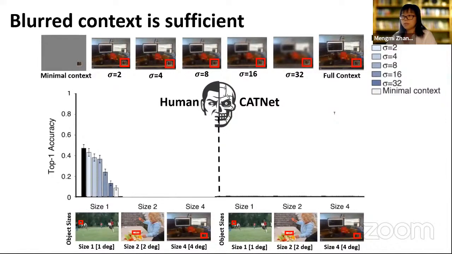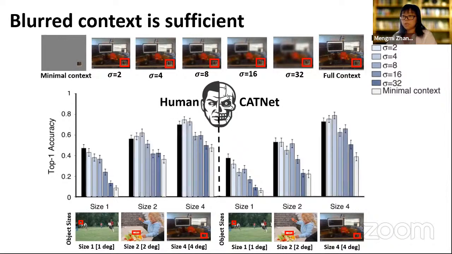This is consistent with the notion that humans do not require full resolution context in order to perform recognition. The effects of blurring were also captured by CRTNet, where the contextual modulation disappeared only when using larger sigma values. In general, similar to previous experiments, humans outperformed the CRTNet on small objects.